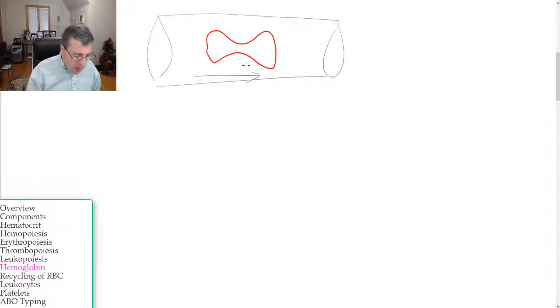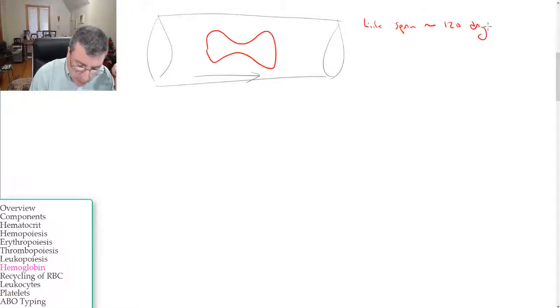Let me just go through what we're looking at there. Red blood cells' lifespan is about 120 days. If you can recall from erythropoiesis, which we talked about earlier, from the myeloid stem cell to the reticulocyte level takes about 5 days.